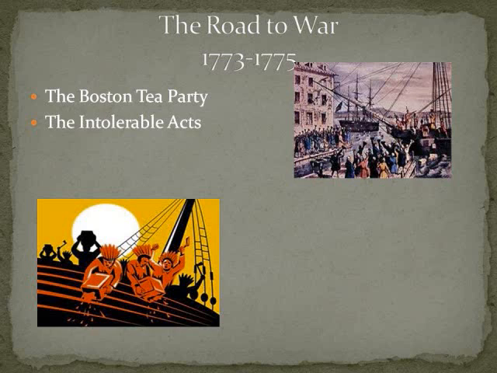To punish the colonists for their actions, Parliament passed the Intolerable Acts. The Intolerable Acts closed the port of Boston, took away the colonists' ability to elect colonial governors, and forced the colonists to let soldiers live in their houses.